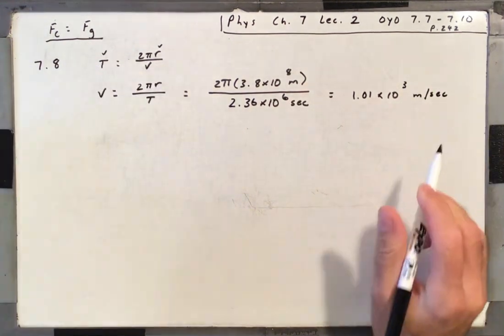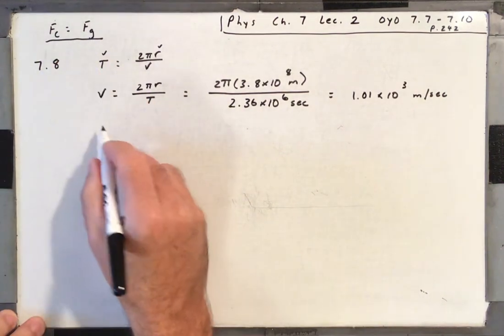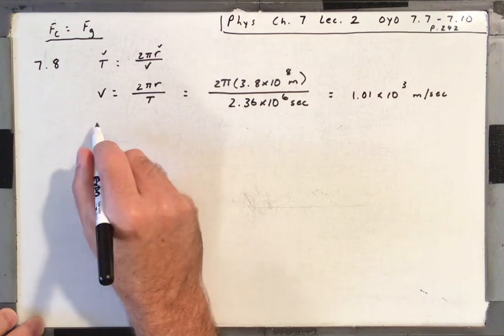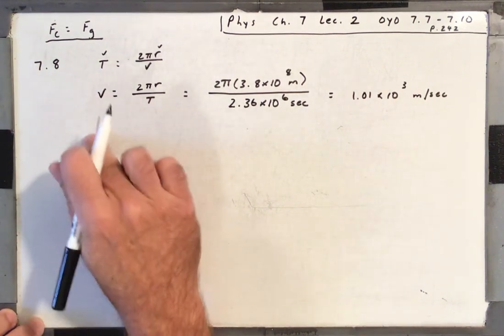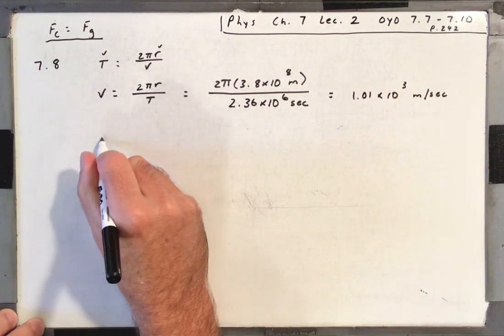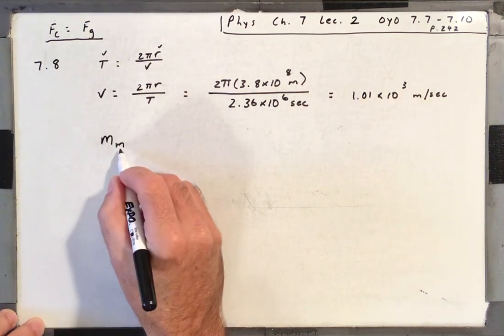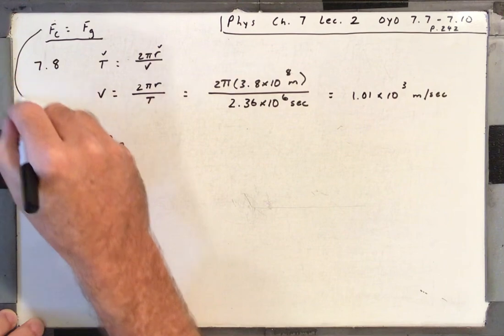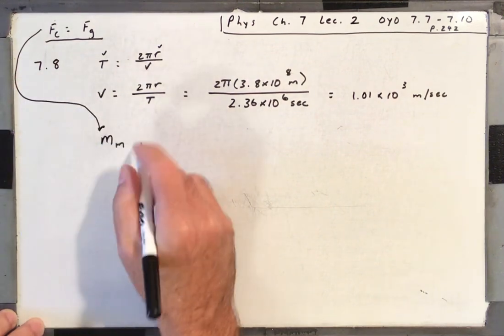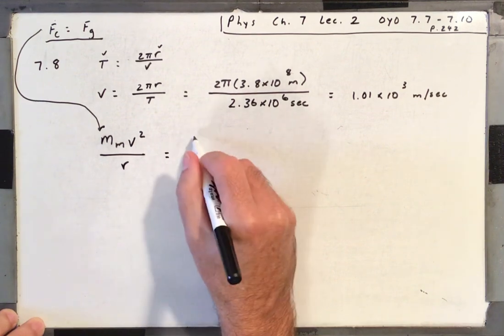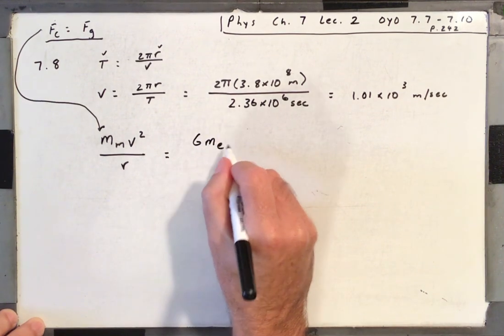All right, now we can use this relationship we have, and we're dealing with the moon here. So what goes in F sub c is the mass of the thing that is spinning, so the mass of the moon. Mass of the moon times velocity squared over r is equal to G times the mass of the Earth over r squared.